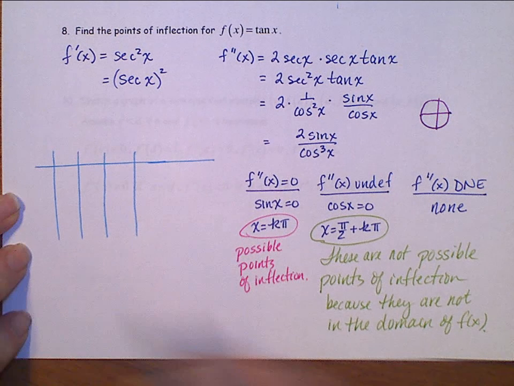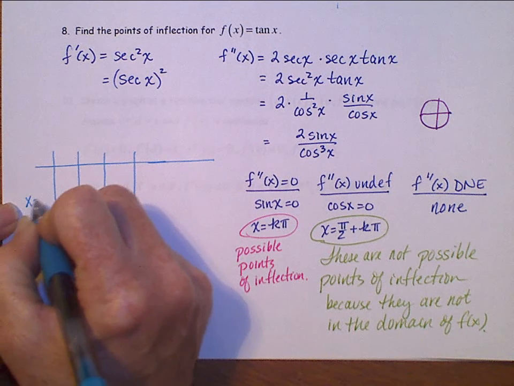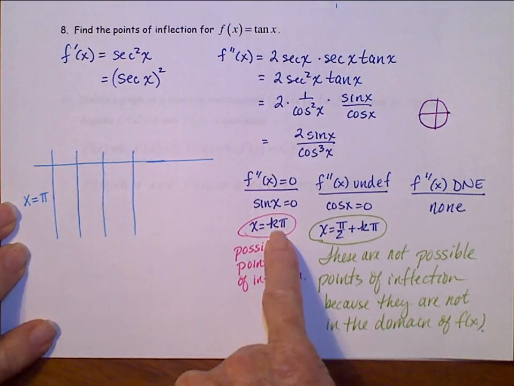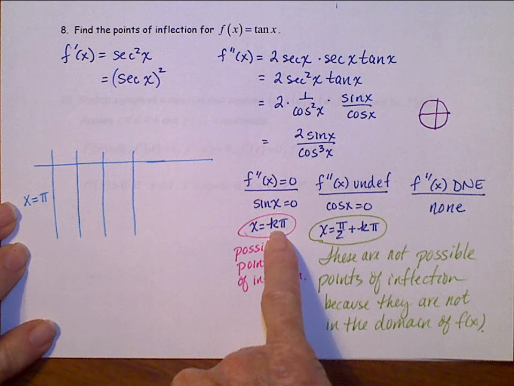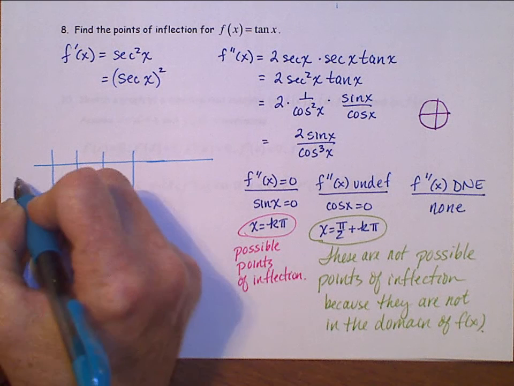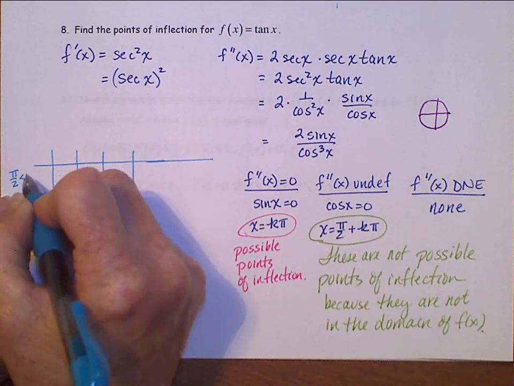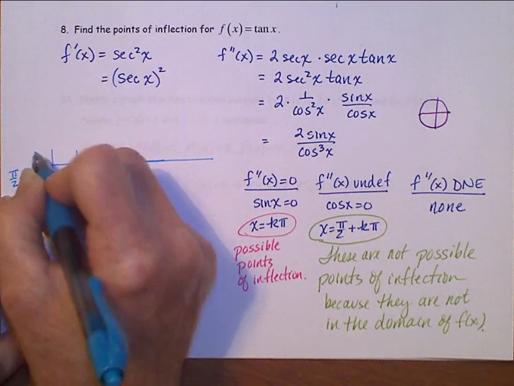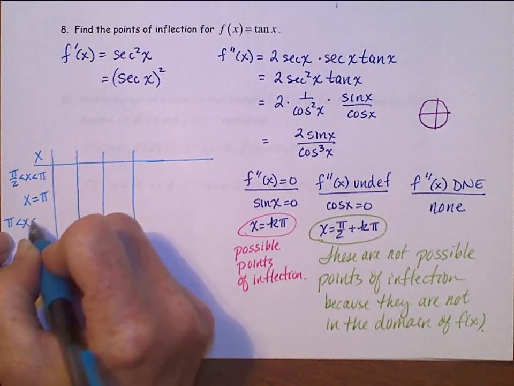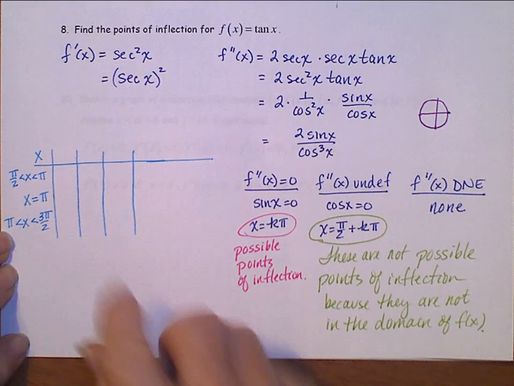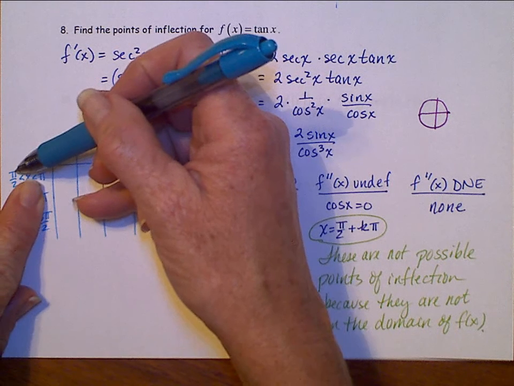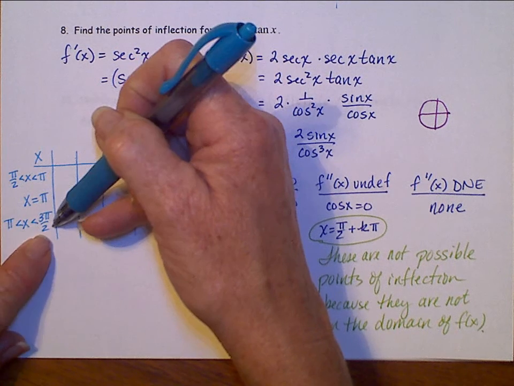So let's put x equals pi, one of these possible points of inflection, right in the middle, and then let's go pi over 2 on either side. So let's go from pi over 2 up to pi, and then from pi up to 3 pi over 2. So in its entirety, we have a length of pi, from pi over 2 all the way up to 3 pi over 2.